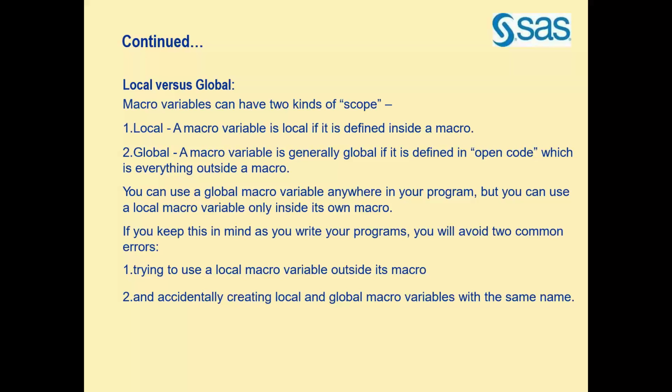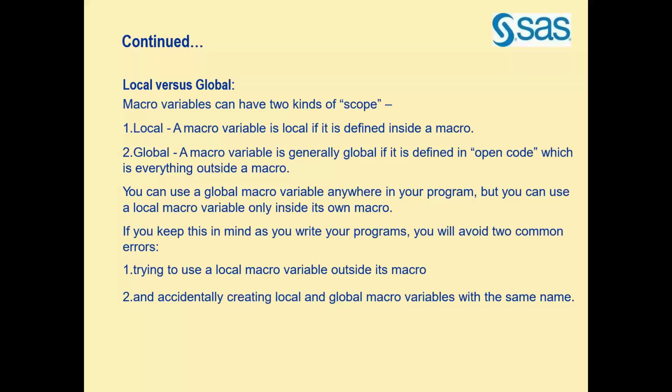So you must know this term: local versus global. A macro variable can have two kinds of scope. One is local. A macro variable is local if it is defined inside a macro, and global if it is defined outside of the macro. You can use a global macro variable anywhere in the program, but you can use a local macro variable only inside its own macro.